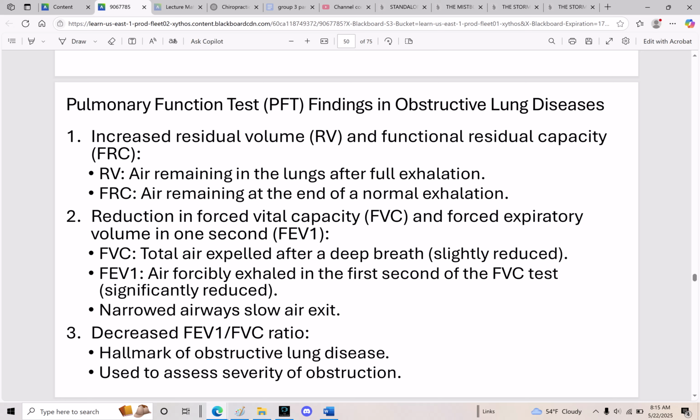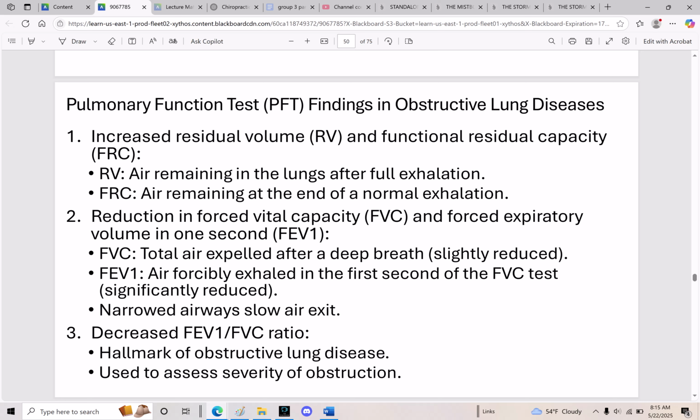The ratio between the forced expiratory volume in 1 second and the forced vital capacity, less than 80%. Okay? If you see somewhere it says less than 70%, that's fine. Those are the numbers, but the numbers keep changing, because as we progress in healthcare, we're trying to make these measurements slightly higher because we need a healthy population.